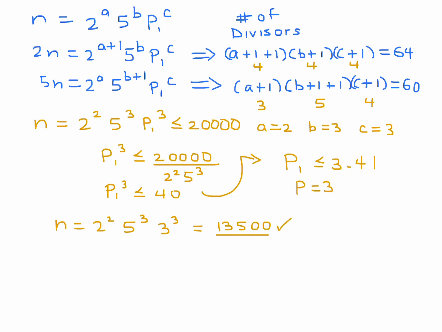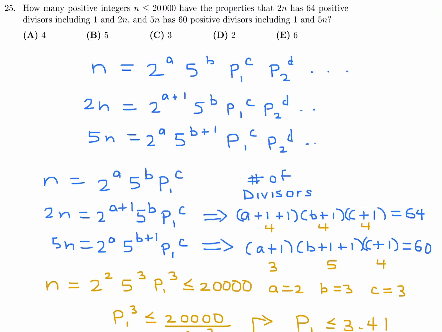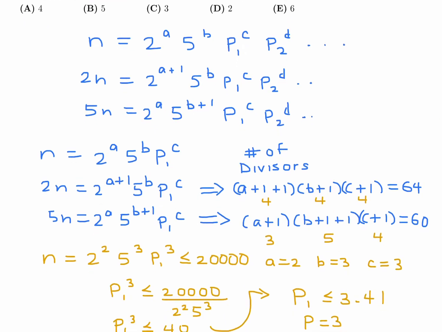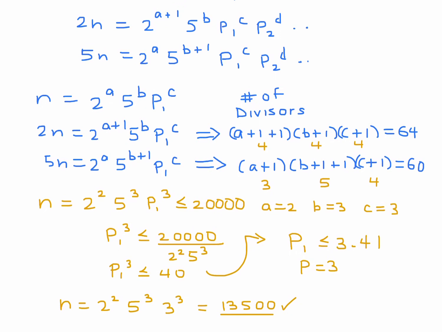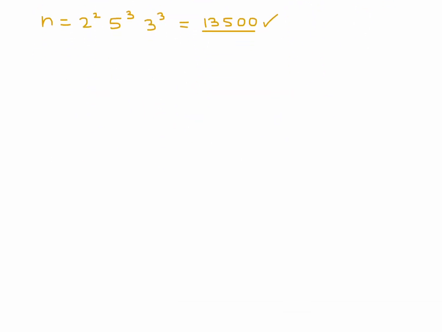So we got 1. But in the answer choices, there is no 1. They're all bigger than 1. So we've got to find a few more. Okay. So I had initially started with 1 prime number. Let's go to the next logical choice, which is 2 prime numbers. So now my n would be of the form 2 to the power of A, 5 to the power of B, and then the first prime to some exponent times the second prime to some exponent.